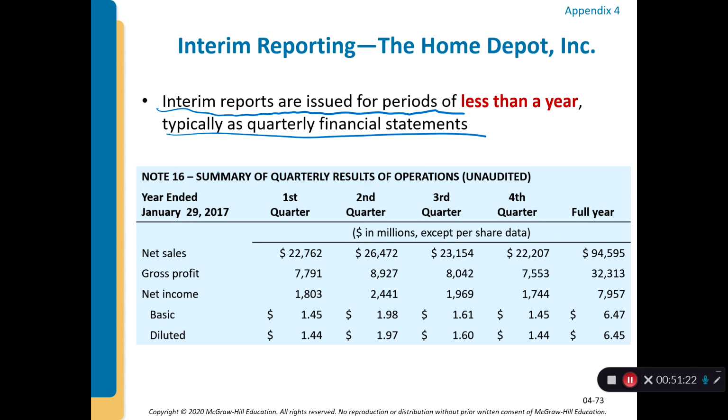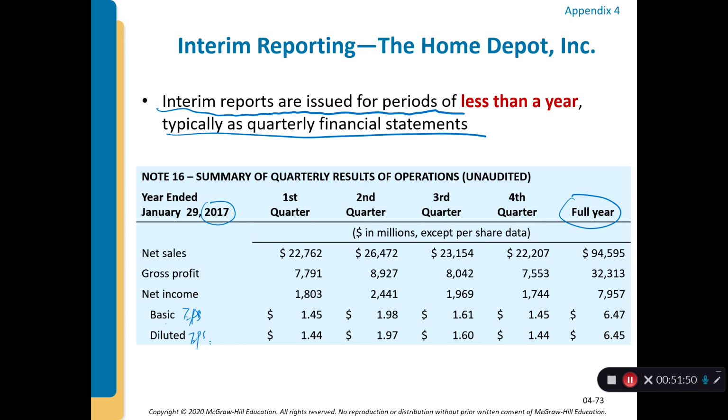This one is a summary of Home Depot's 2017 interim reports. They report every quarter, so every 3 months, and then there is the annual report, right? And they report the major income statement items such as net sales, gross profit, net income, basic EPS, and diluted EPS, right?